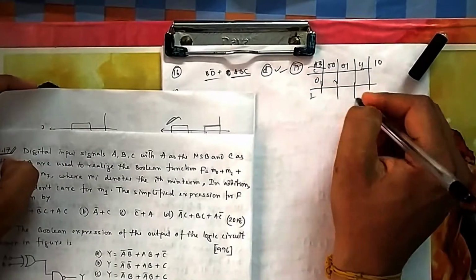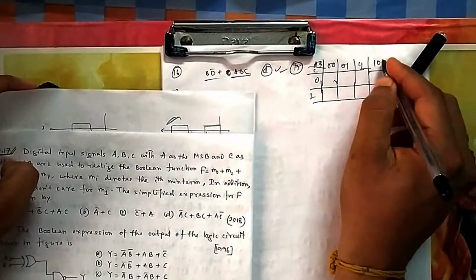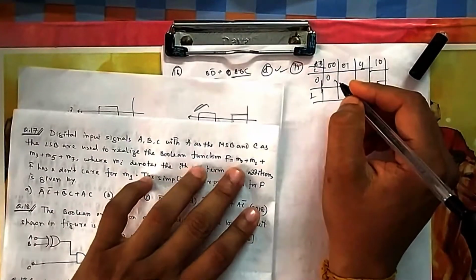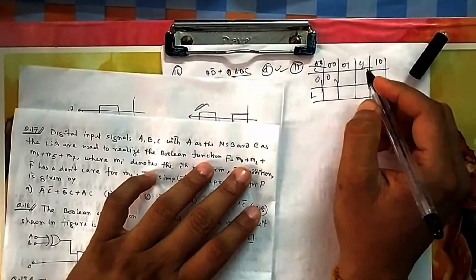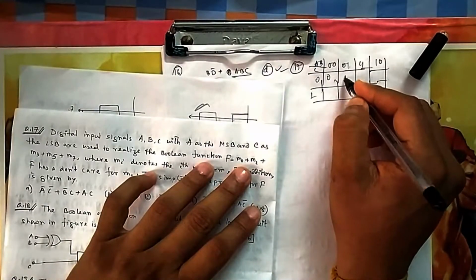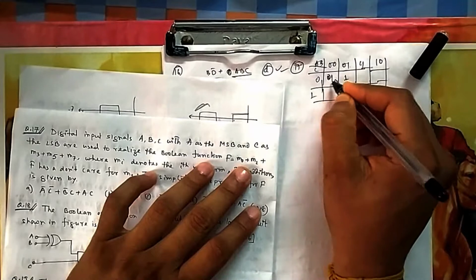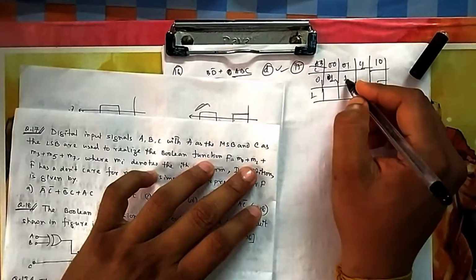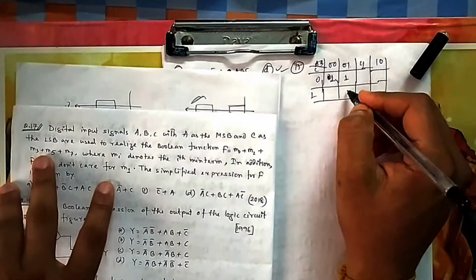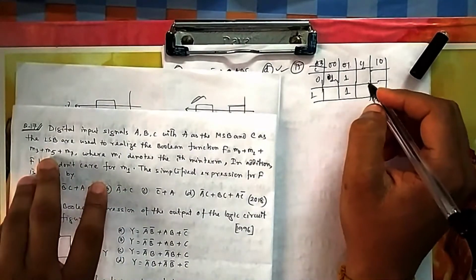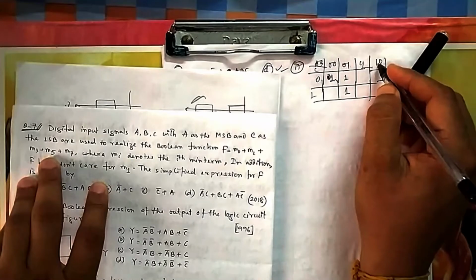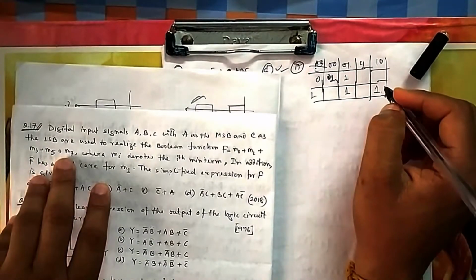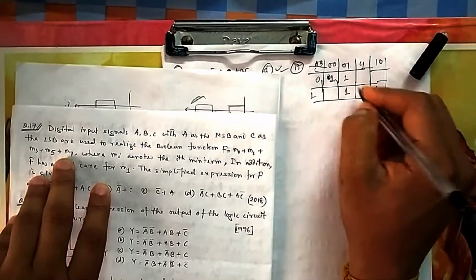Now, which positions are the min terms? First 0, then 2, that is 0, 1, 0, then 3, 0, 1, 1, then 5, 1, 0, 1, then 7, 1, 1, 1. So these are your outputs.